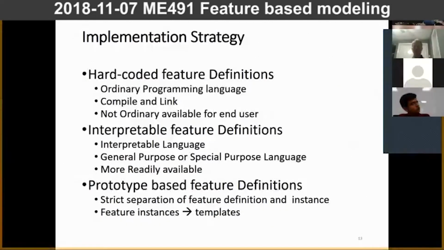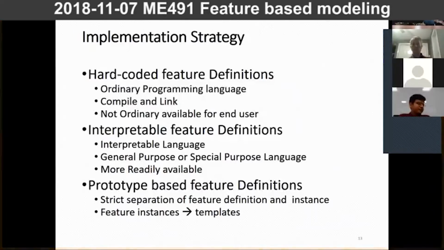Whereas in interpretable feature definition, an interpretable language like Lisp is used. The language can be general purpose or special purpose, but here you can define your own features, so it's more readily available, and it is interpretable by the end user. Like he can program the features.